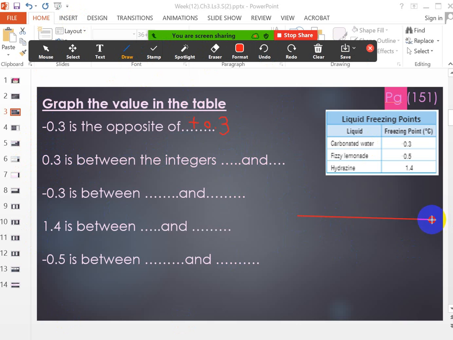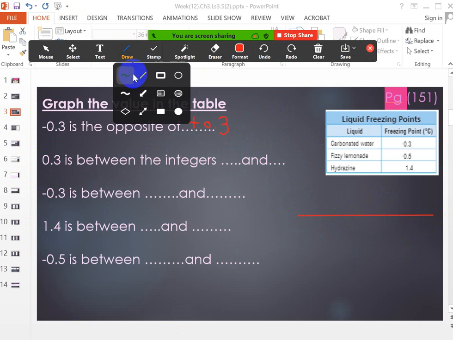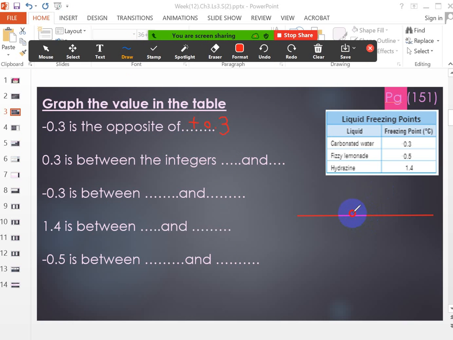As an example, on the number line like this, 0.3 will be greater than 0 and less than a whole, that means less than 1. So 0.3 will be between two wholes: greater than 0 and less than 1.